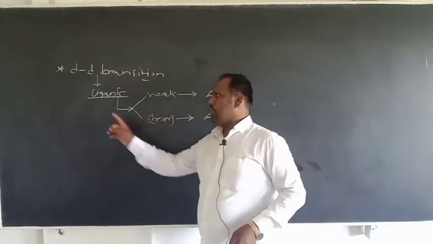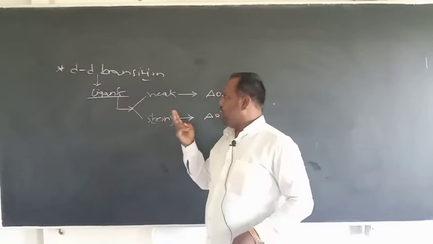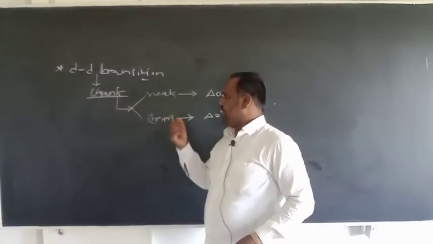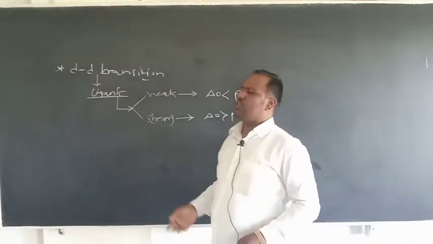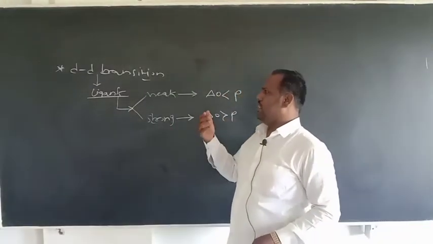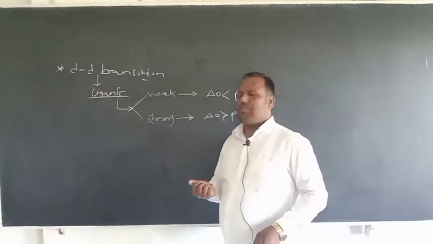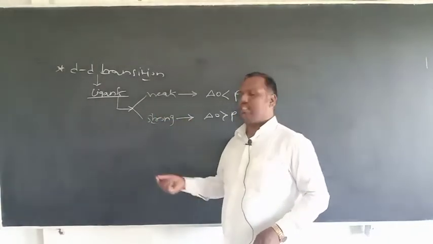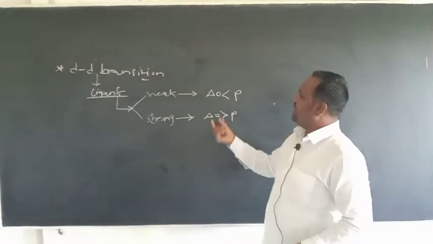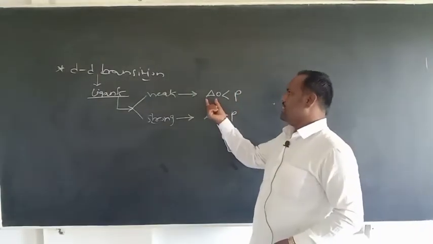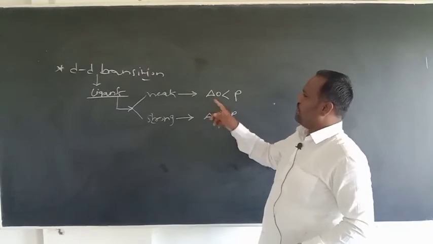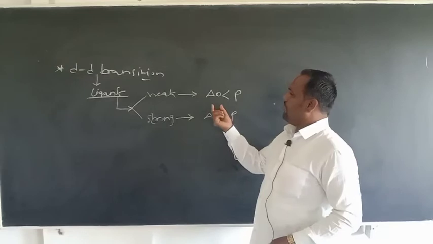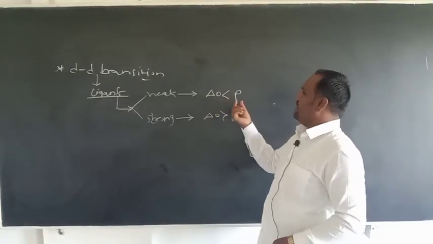You should keep in mind that there are two types of ligand, weak field ligand and strong field ligand. The field of a ligand differs according to the spectrochemical series. Some ligands are considered weak field ligands, some strong field ligands. In a weak field ligand, delta octahedral, the crystal field splitting parameter, is less than the pairing energy.